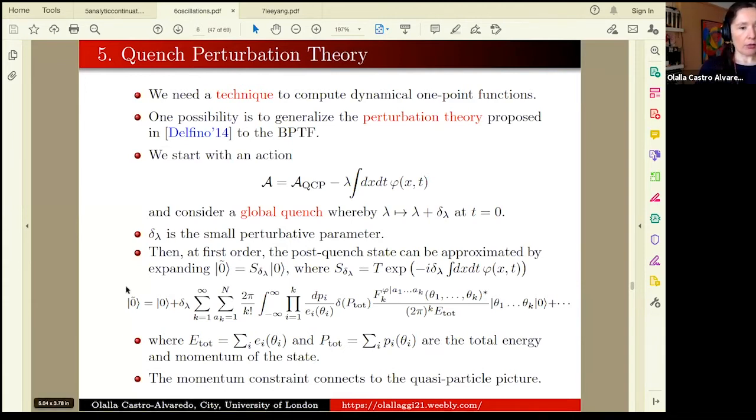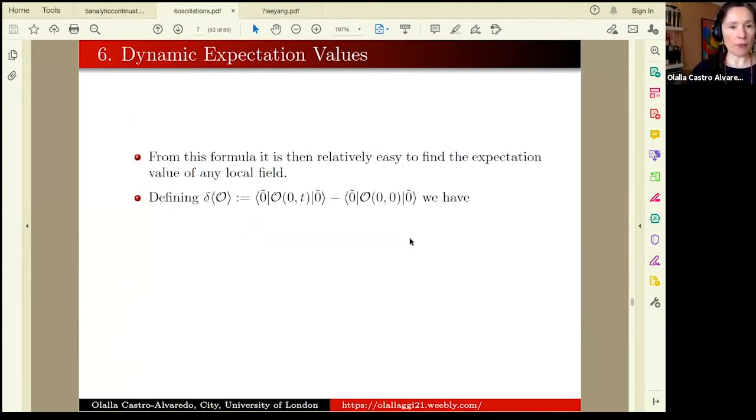We have seen that this post-quench state at first order perturbation theory depends on form factors of the field associated with the coupling that we are changing. Now, if we want to compute the expectation value of some other field, for example, a field I call O here, and for good measure, I want to normalize it by subtracting this constant bit, some time independent bit, so I'm computing something that should be 0 at time 0, essentially.